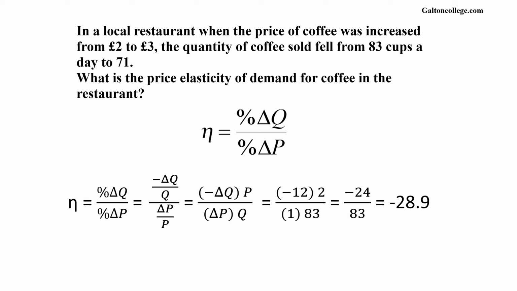Instead of going from £2 to £3, go from £2 to 2.1, maybe 2.2, if they could afford to do that. Because that's a very, very big decline in sales. 28.9. Elasticity, the price elasticity of demand, 28.9. That's significant. So this figure tells us what happened in terms of the change in demand when the price changed.